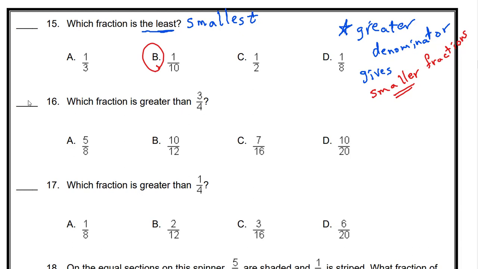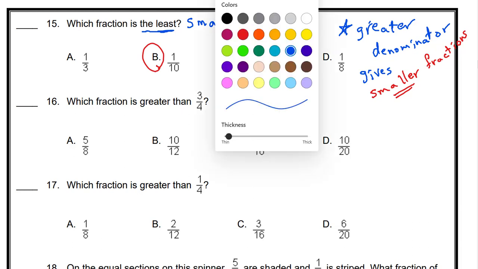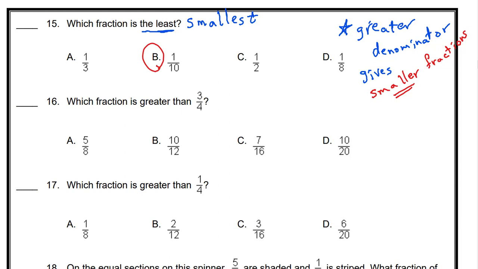Which fraction is greater than 3 out of 4? We'll compare the numbers with 3 out of 4. So I will write 3/4 next to each one.